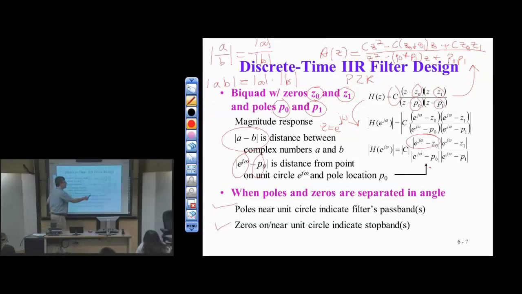So I know that A1, this feedback coefficient, is the sum of the pole locations. And then A2 is the product of the pole locations. And for the numerator, if C is 1, then the same thing happens. B0 is 1. B1 is the negative of the sum of the zeros. And B2 is the product of the zeros.